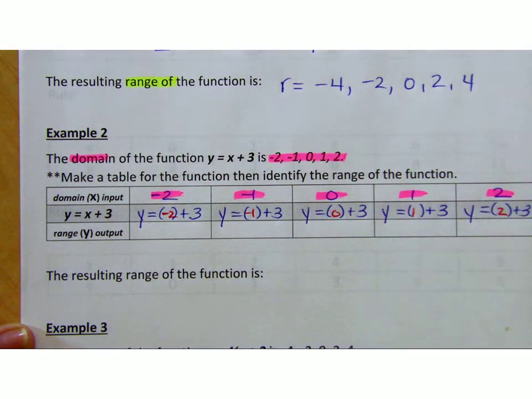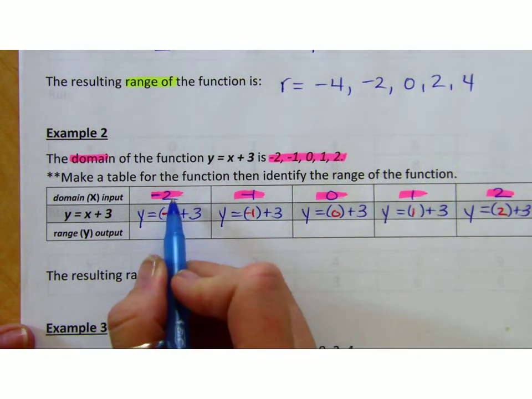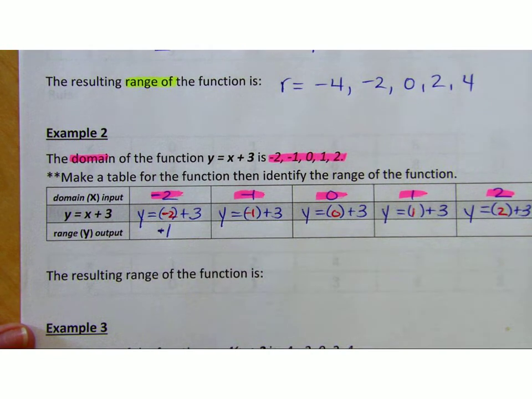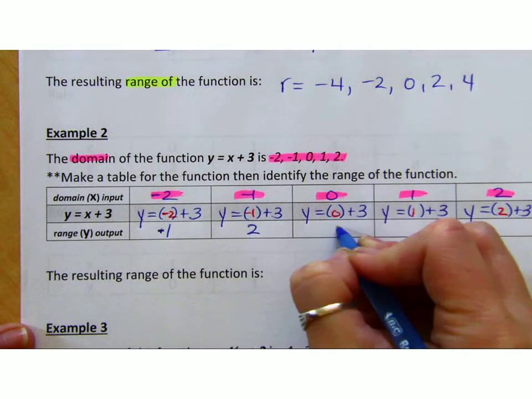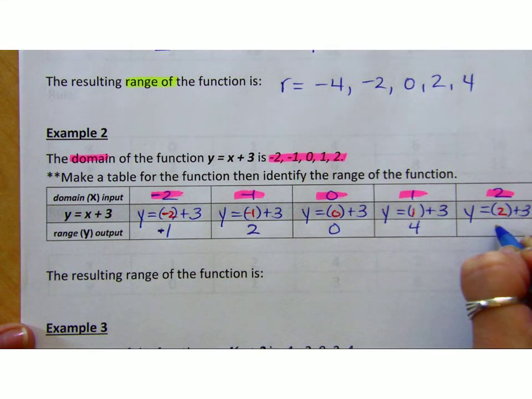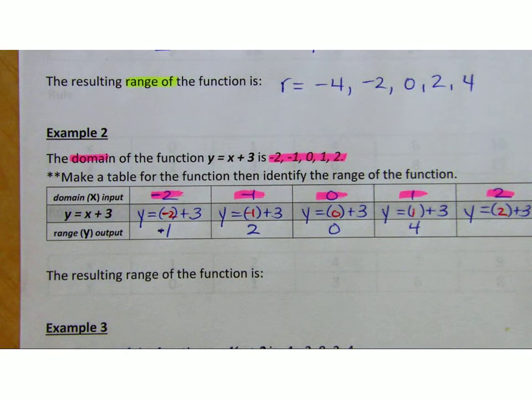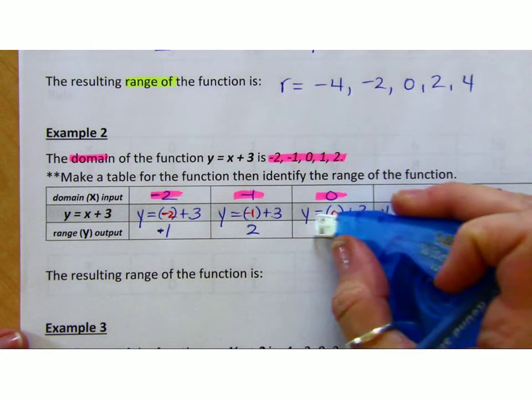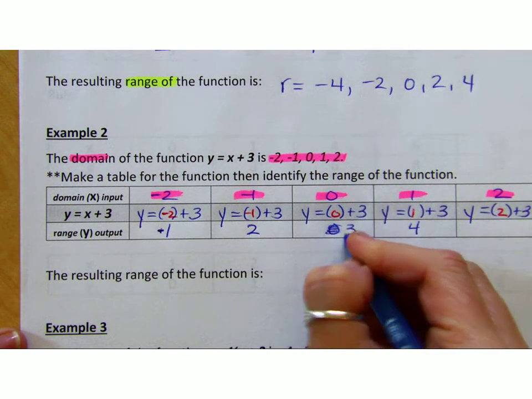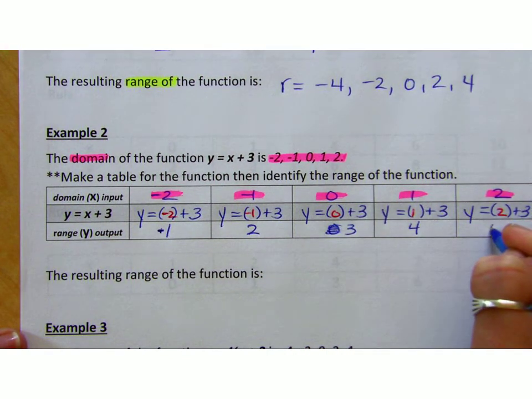So -2 with 3 added to it is +1. This is +2, 0 plus 3, 1 plus 3, and 0. Oh, yeah, I said 0 plus 3, and I swear I know how to do my math. That's 3, of course. Okay, and then 2 plus 3 is going to be what? All right, so we're seeing a little bit of a pattern here.